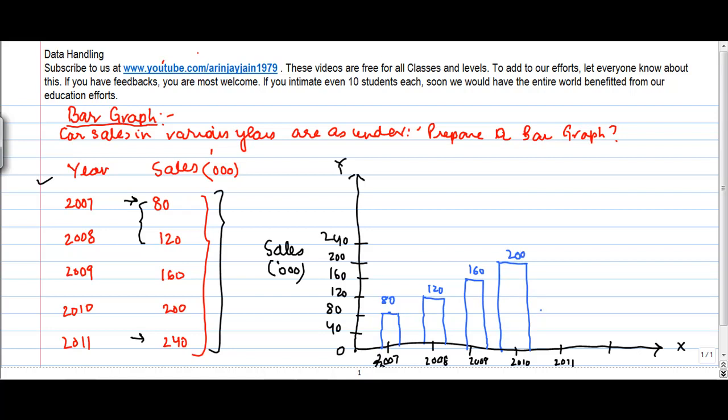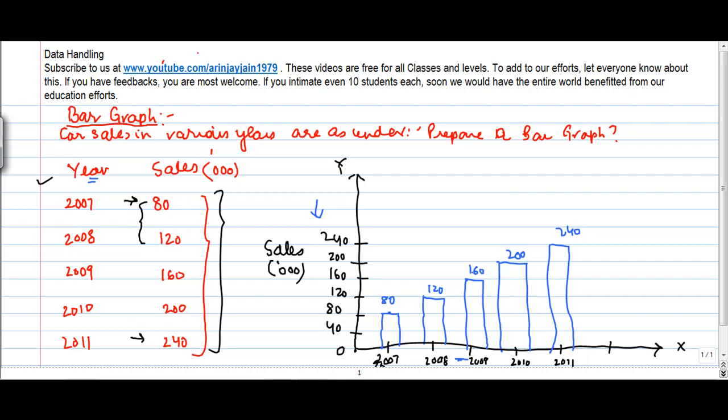You just keep on drawing these bars across the years with the respective value. 2011, 240. Definitely these are distorted ones. These are not straight. But please understand the concept. So now what I have done is I have plotted year-wise sales on the x-axis, and the sales numbers are on the y-axis, and I have drawn the graph.